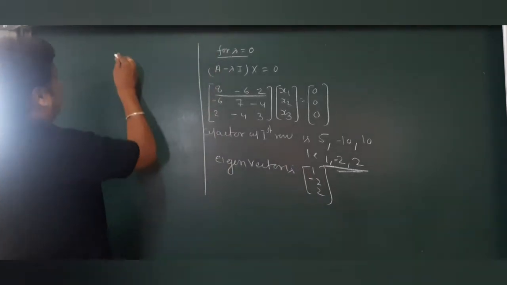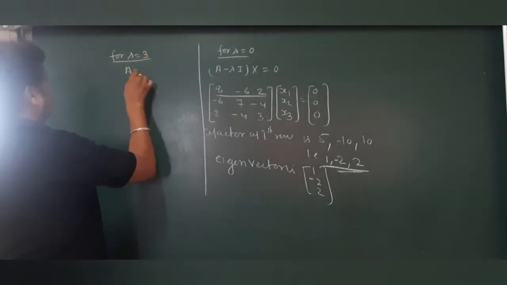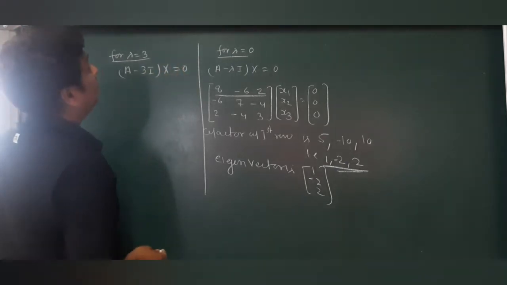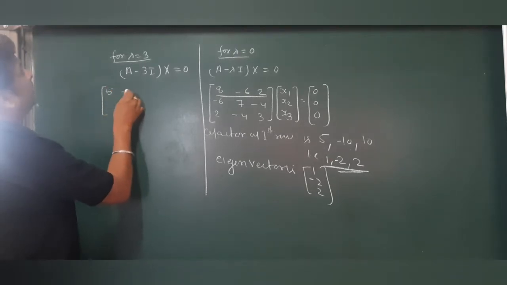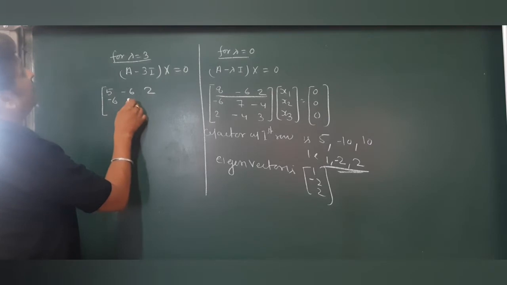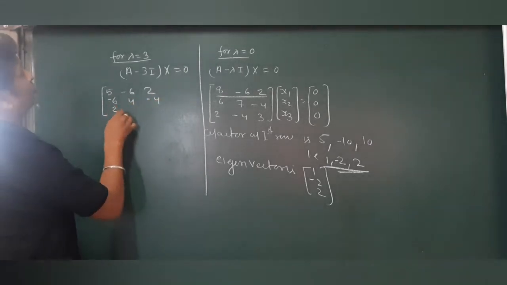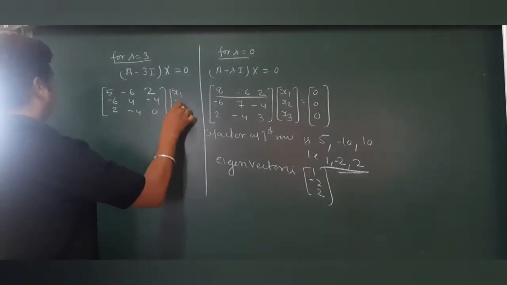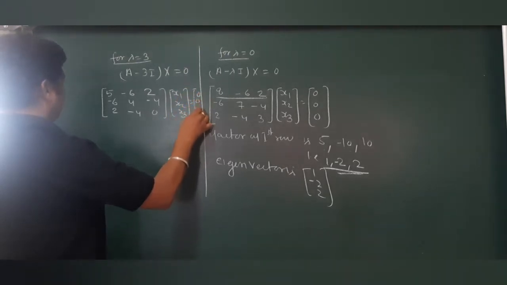Similarly, find for lambda equal to 3. The solution of this equation is the eigenvector. So A minus 3I means 5, minus 6, 2; minus 6, 4, minus 4; 2, minus 4, 0.